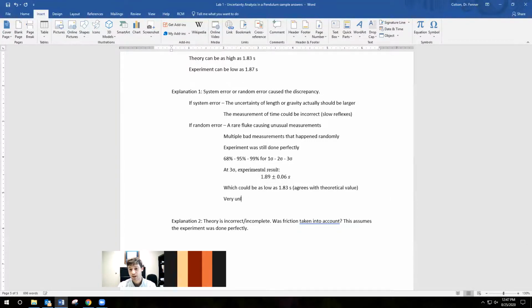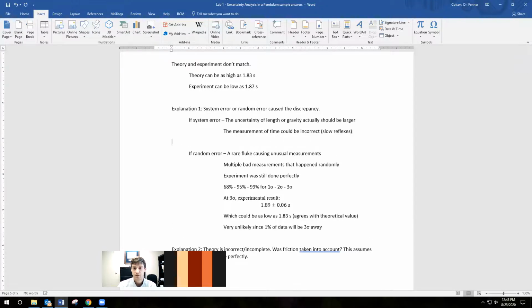That's very unlikely, since only 1% of data will be 3 sigma away. Statistically, it could be possible, so you don't want to completely disregard it, but it's still very unlikely.